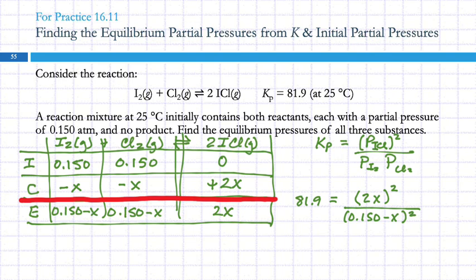In the bottom, 0.15 minus x is a quantity squared. So I'm getting 0.12285.